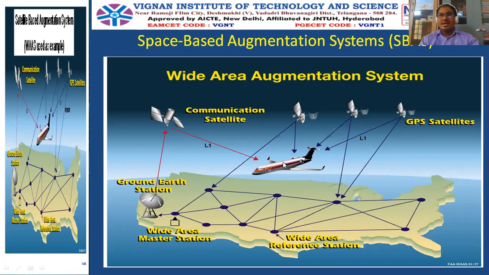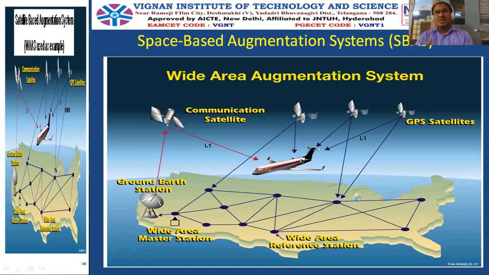Of course, one more concept also we have learned here. Of course, here there will be a master control station. INMCC, Indian National Master Control Center, in our Indian GAGAN system.